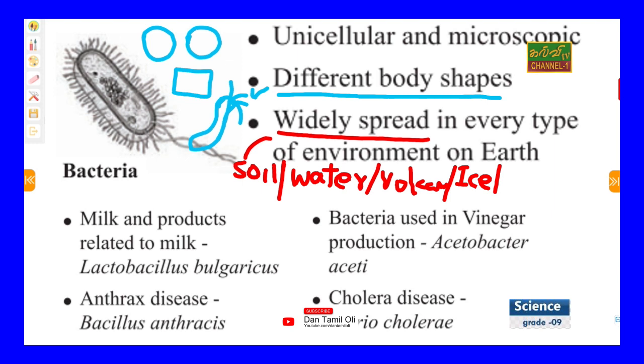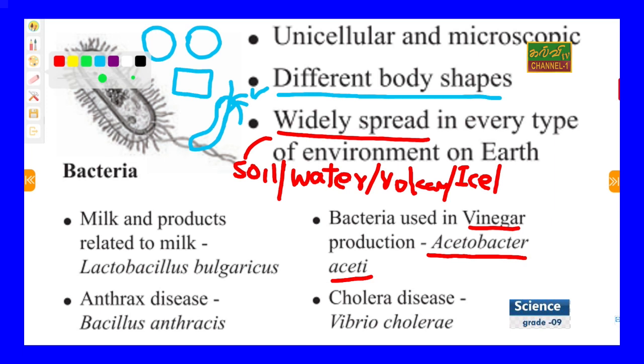Then bacteria used in vinegar production: Acetobacter aceti. Aceto means vinegar. So you know the chemical name of vinegar? This is acetic acid.